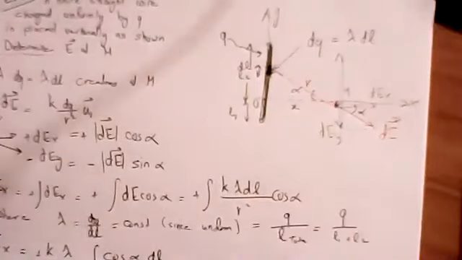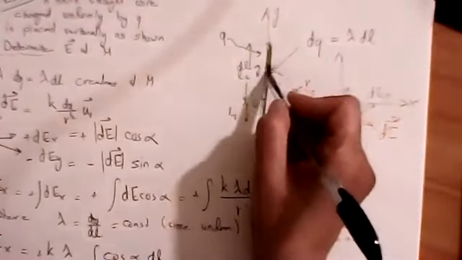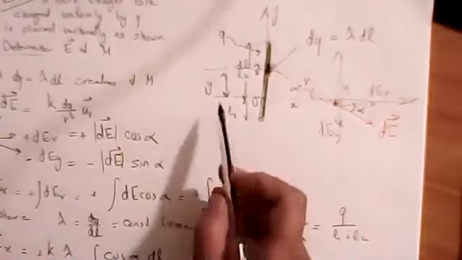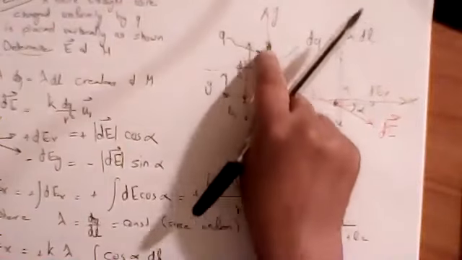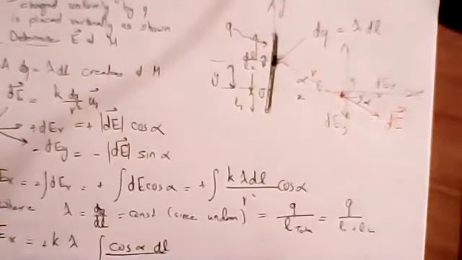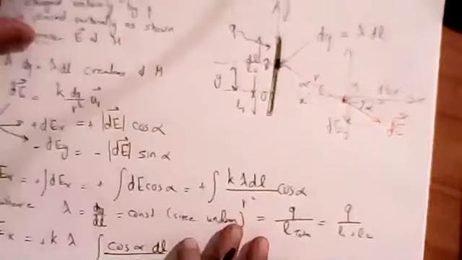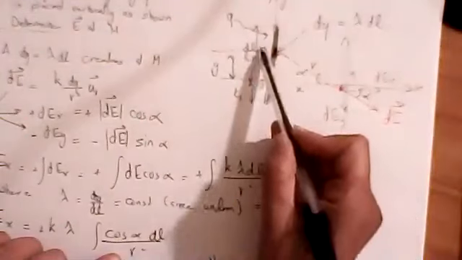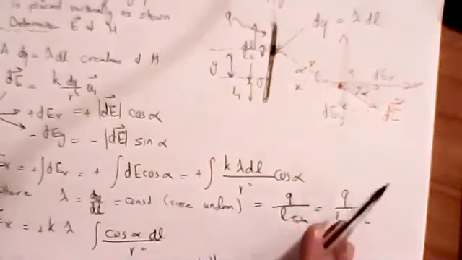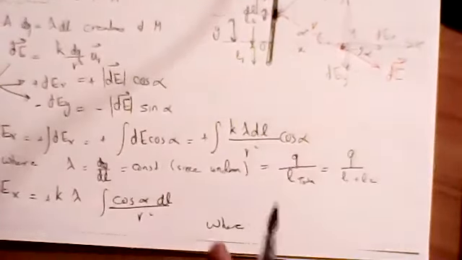My dq I've selected at distance y, which depends on where I'm going to select it. So y is a variable, but x is fixed. So I may say where r is x square plus y square. So I have r as a function of the variable y, and dl is a variable and alpha is a variable. I haven't done anything yet, but I'm trying to put a relation between them.